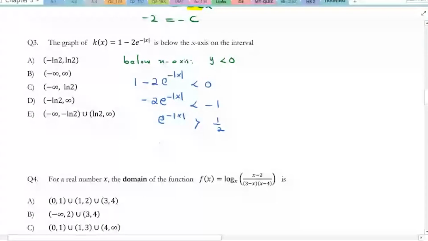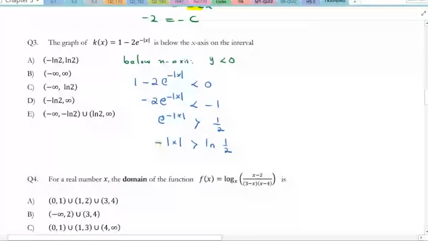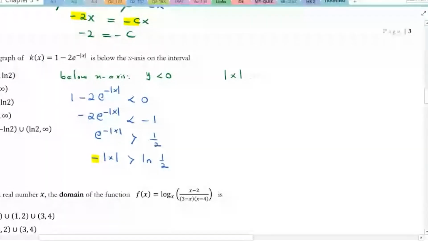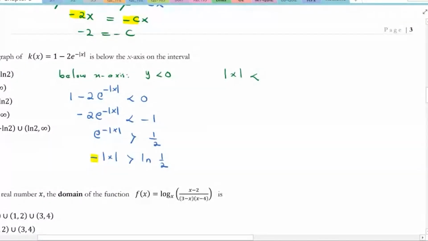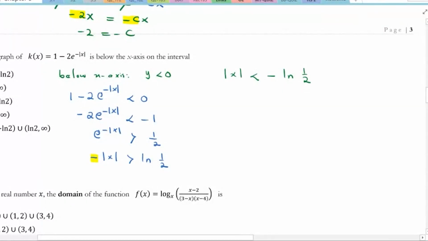When we take the ln of both sides, we get minus absolute value of x greater than the ln of 1 over 2. Now let us multiply both sides by minus again. So we get absolute value of x less than minus ln of 1 over 2. I change the sign of the inequality again because we multiply by the minus.